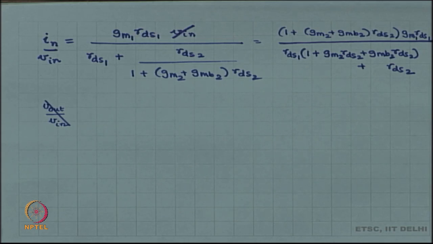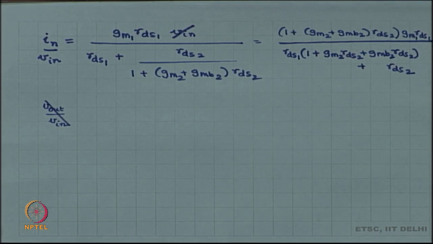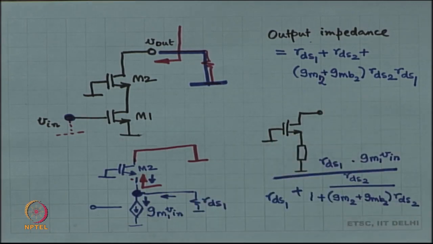We have the short circuit current. So, this is the transconductance. The transconductance of the circuit is so much, the output impedance is so much. So, this is the complete Norton equivalent model of the circuit. All right.